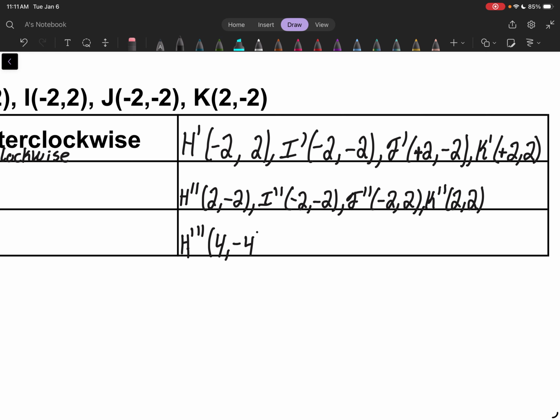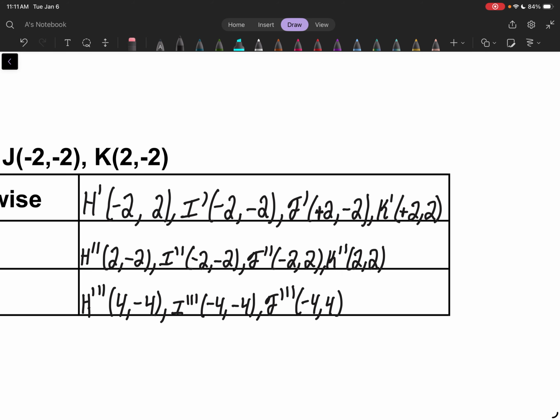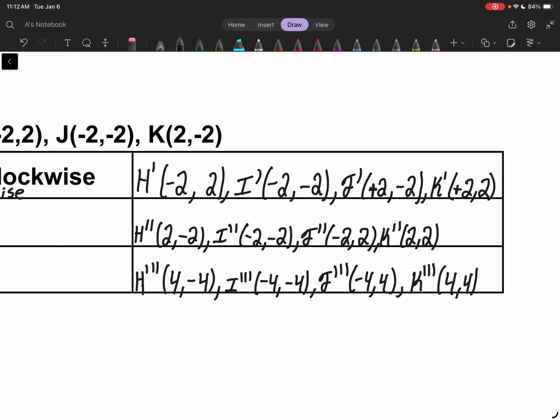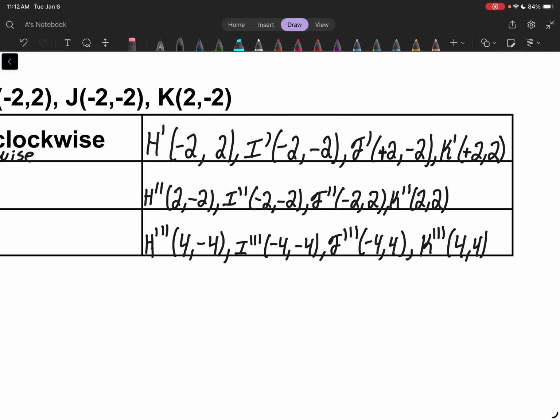For negative 4, negative 4, negative 4, negative 4, negative 4, positive 4, and 4, positive 4. I am now finished with number 3.